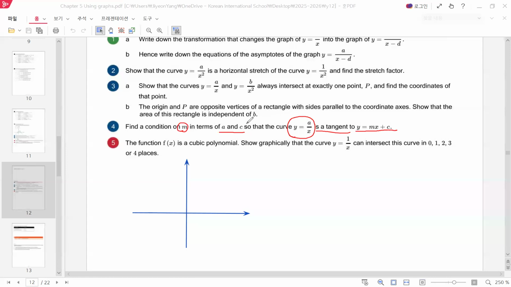Since we don't know whether a is positive or negative, let's assume that a is positive. Then y equals mx plus c is a straight line graph with gradient m and y-intercept c.